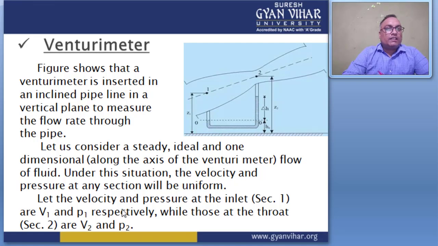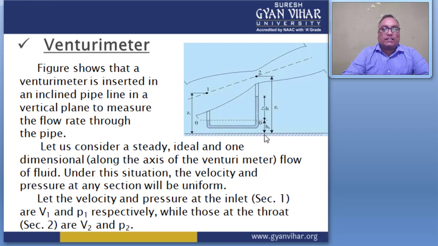Here the figure shows a venturimeter. In this venturimeter, this is section 1 and this is section 2. At section 1 the datum height is Z1, and for section 2 the datum height is Z2.